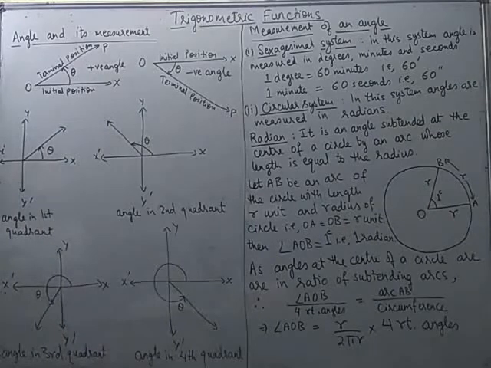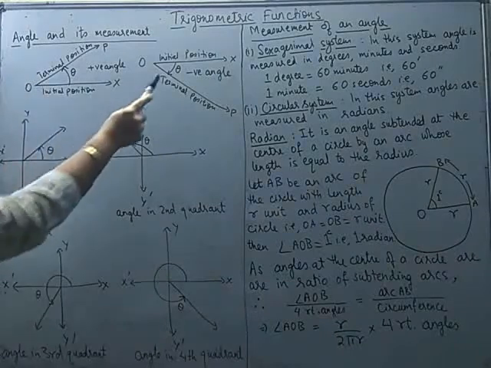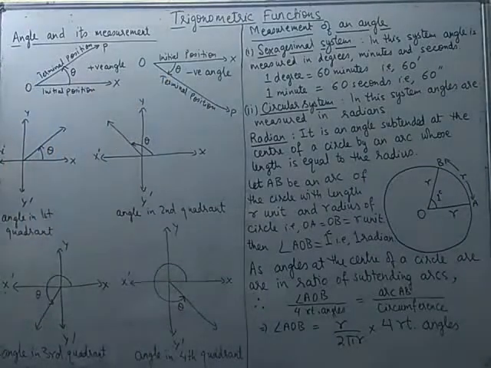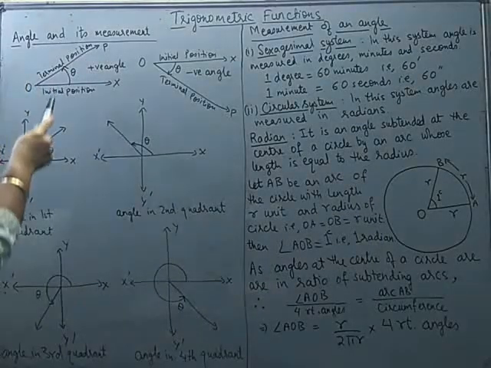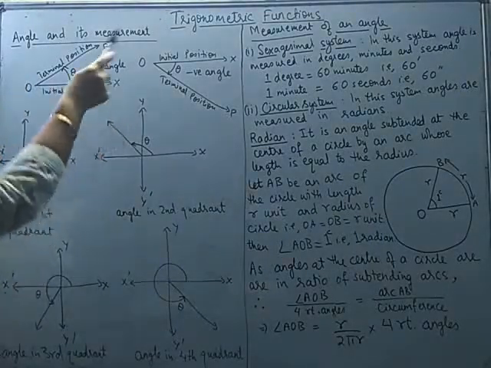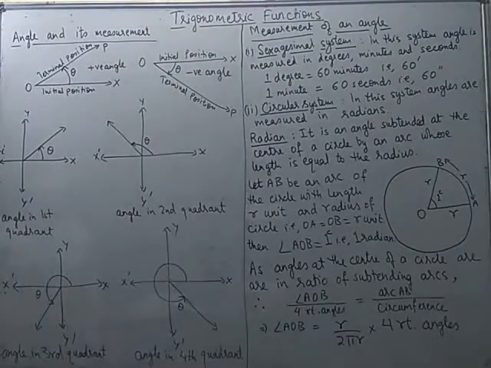Both the angles will not be termed as 45 degrees. The measure of this will be termed as 45, and the measure of this will be termed as minus 45. Minus tells us in which direction the angle is being swept. So in general, angles will be measured in anti-clockwise direction only. If you are measuring it clockwise, then the notation used will be negative.